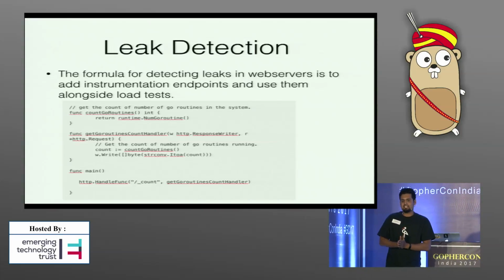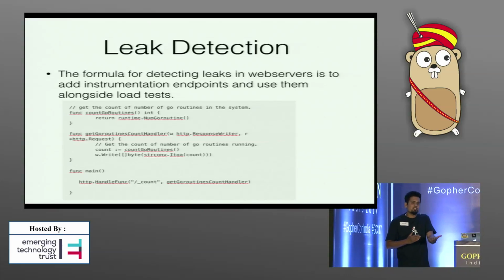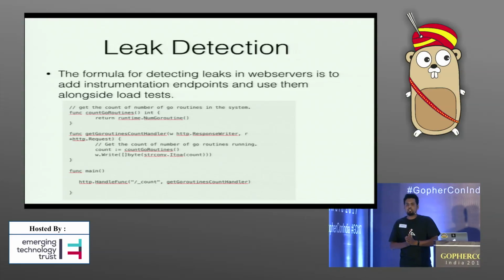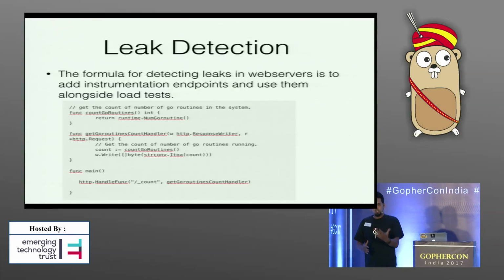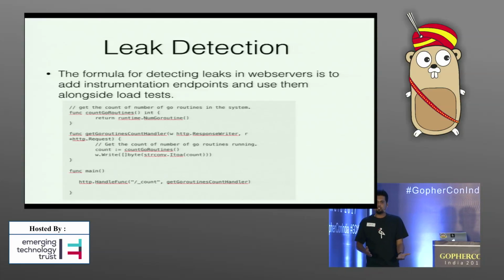So it's really necessary that you test your services and your endpoints before you put them into production to check whether a leak exists. The first part is to check whether there is a leak in your code or in any of the libraries you're using. Are these Go routines accumulating over a period of time, eating up your resources for no reason?